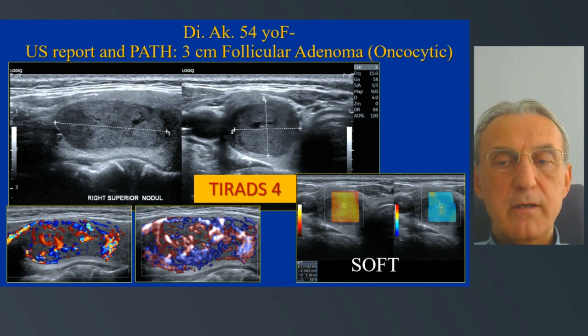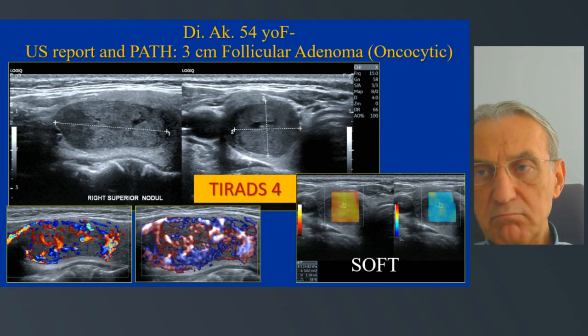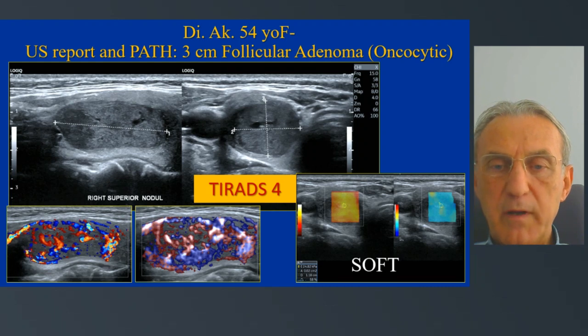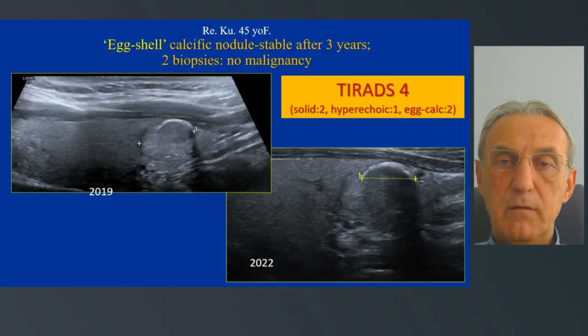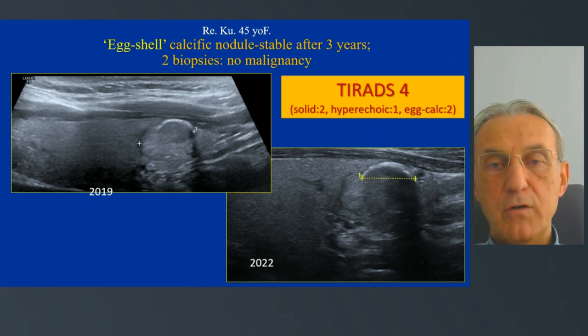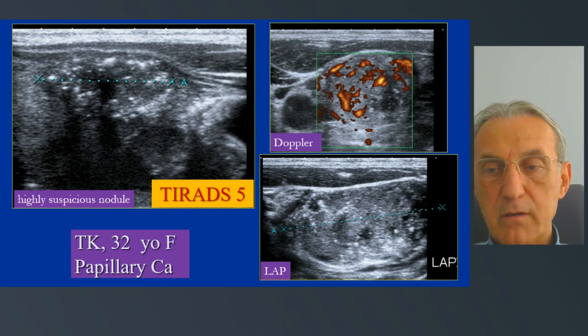The nodule has regular borders, high vascularity, so it is thyroid 4, depending on the criteria, and it is soft in elastography and turned out to be a follicular adenoma in the final pathology. Eggshell calcifications are not very dangerous, but should not be ignored. This nodule had multiple biopsies and no malignancy was found, and it is stable after 3 years.